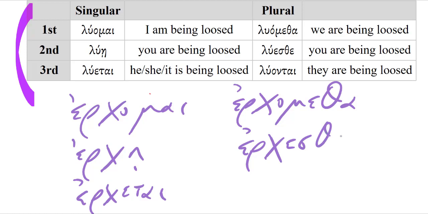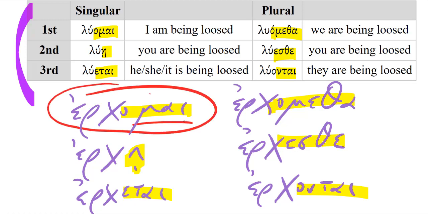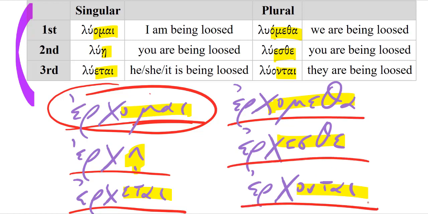So if you look at those endings there, we have omai, e, notice the iota subscript, etai, ometha, esthe, ontai, but do not be confused. The lexical form ends in omai, so never try to render this as passive. This is a middle-only verb. And so it's just I am going, you are going, he is going, we are going, you guys are going, they are going. It's a middle-only verb.